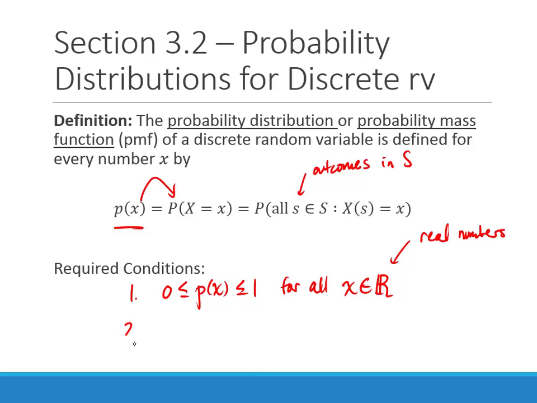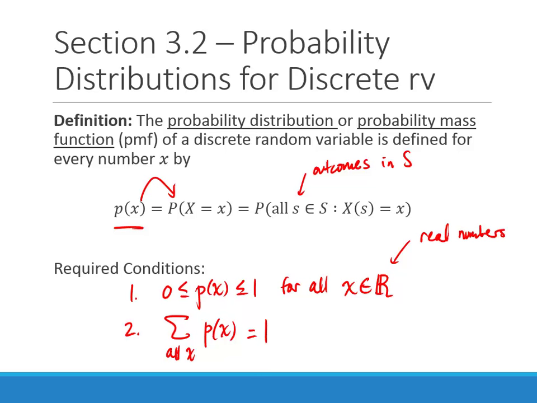The second thing we need is that the sum over all x of those probabilities equals 1, right? So remember we talked about before, the total probability has to add up to 1, right?